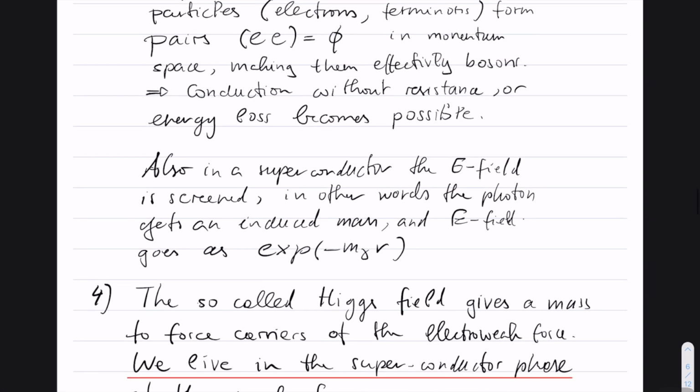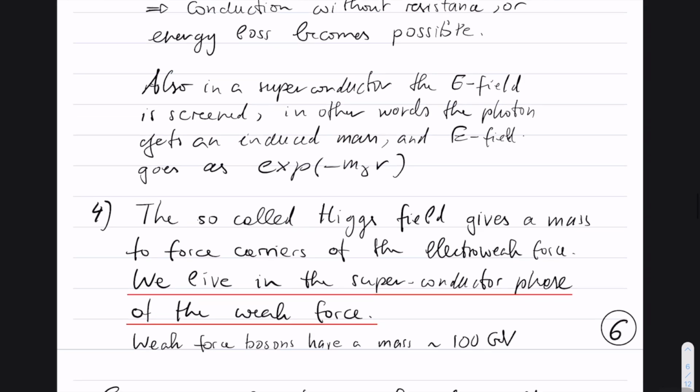So this makes them a superconductor, based on so-called pairs of electrons, making the electrons effectively into bosonic pairs called Cooper pairs.